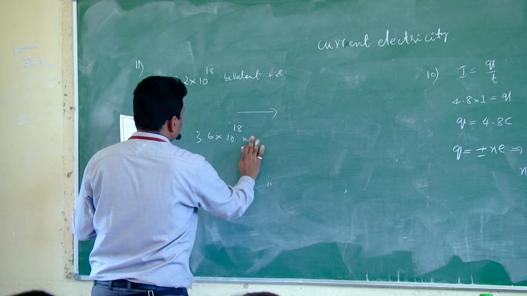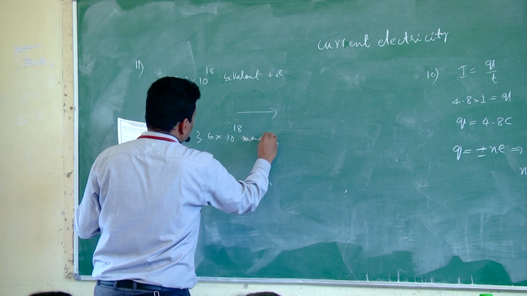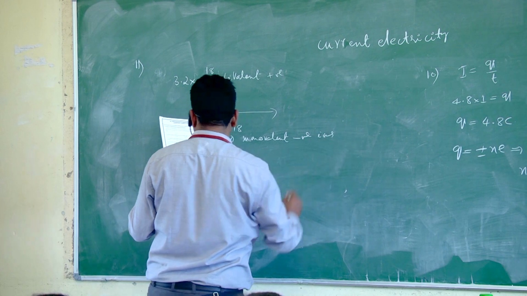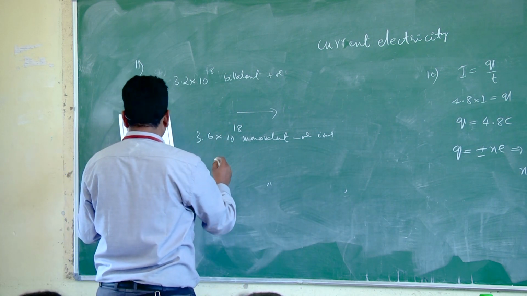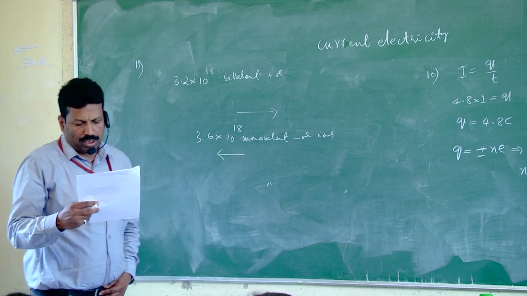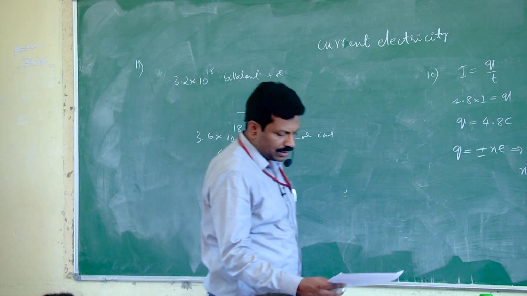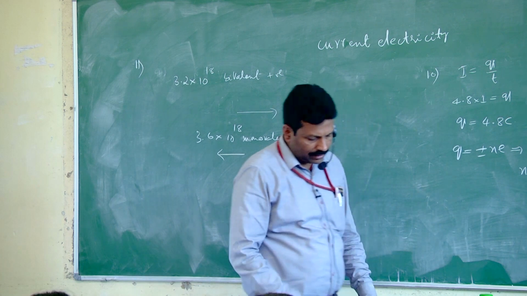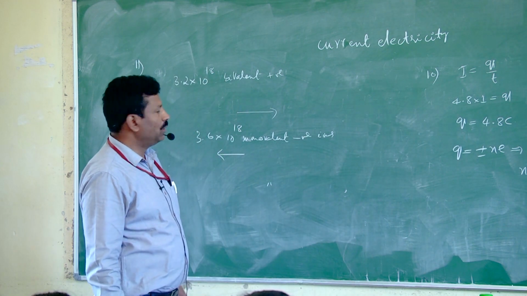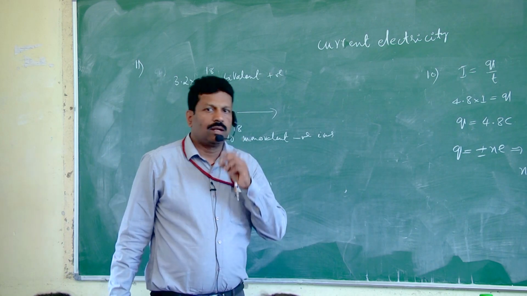monovalent negative ions drift to the left per second. Understood? Now next, what is the current flowing through this? We know the definition of current.